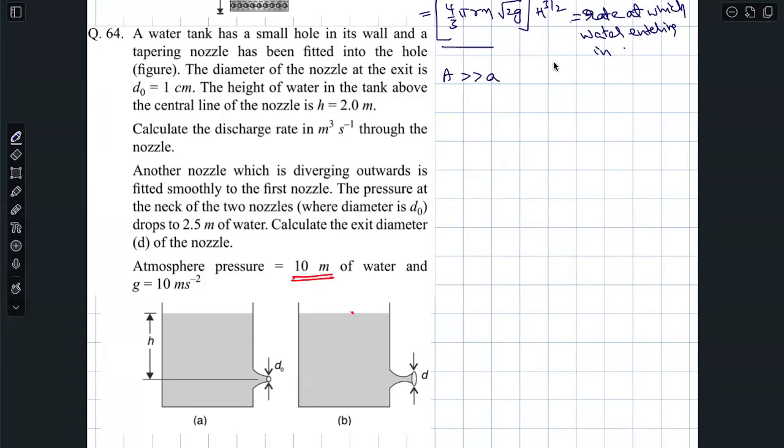So clearly velocity of efflux is root 2gh. The rate Q is equal to A V, pi d0 square by 4 times root 2gh. Substitute the given data and you will get the answer.